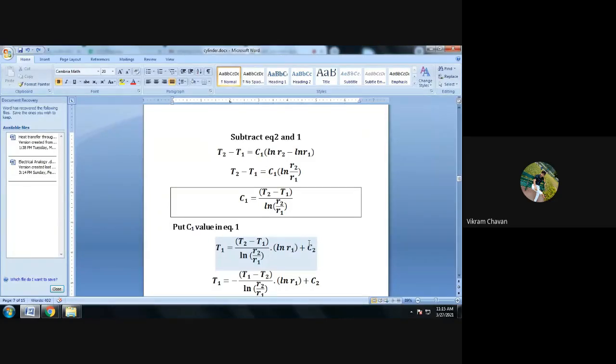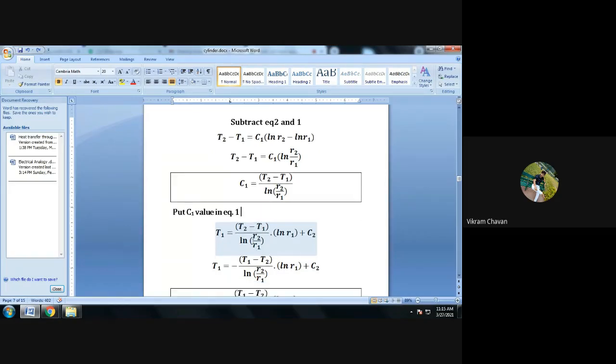Now when you want to determine C2, if you want to take these values in the format of initial temperature minus final temperature, we have to take the minus sign out of the bracket. So we have converted this bracket as T1 minus T2 by taking the negative sign common.